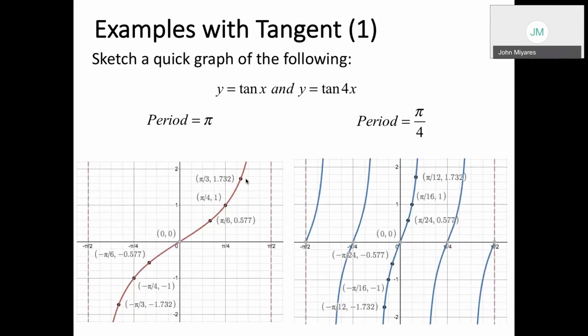Similarly, if you look carefully, what you should see is that we do actually have 4 full cycles of the tangent graph constructed between negative pi over 2 and positive pi over 2, making each of these pieces of the curve have a length of pi over 4 horizontally before hitting asymptotes, which I have not drawn in here.